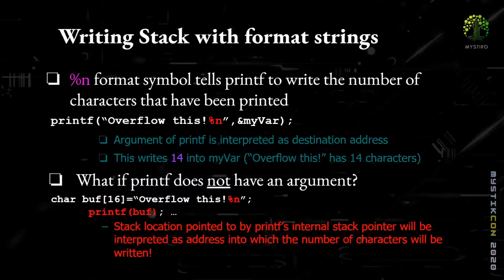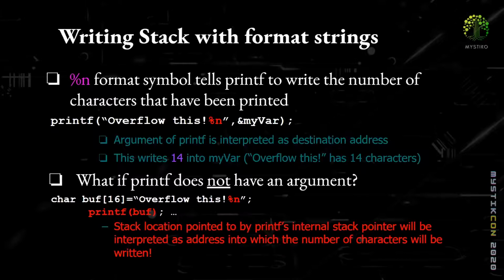Now, what if in this case printf does not have an argument? That means it does not have such an address on top of the stack exactly above the string. Whatever address is present on top of the stack just after the string will be written 14.